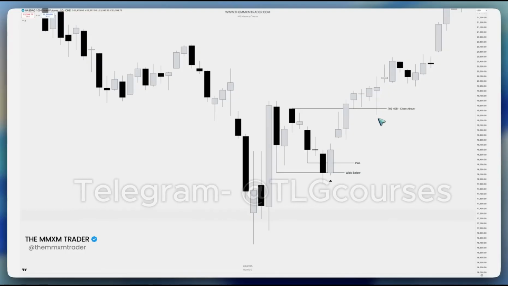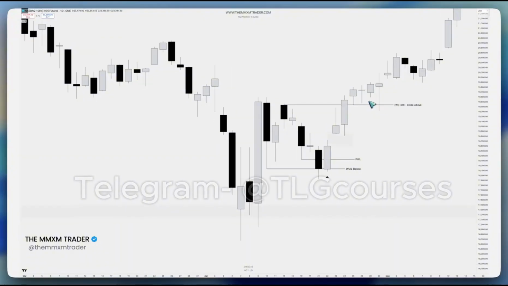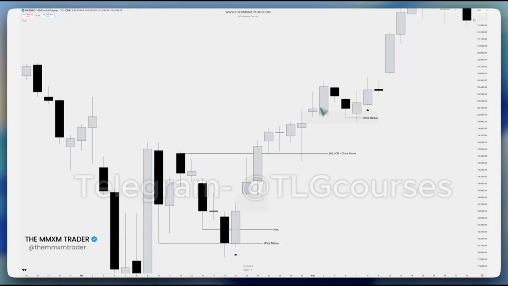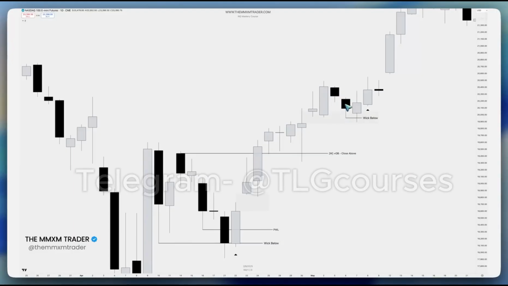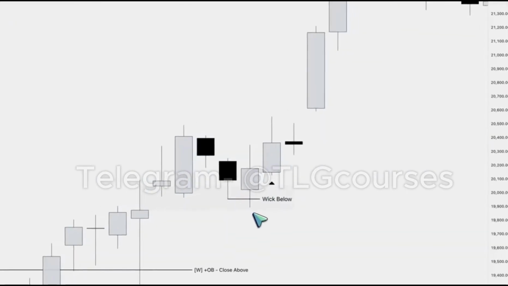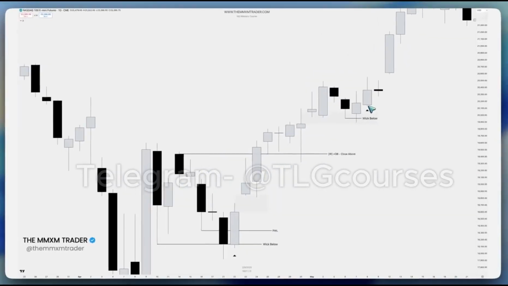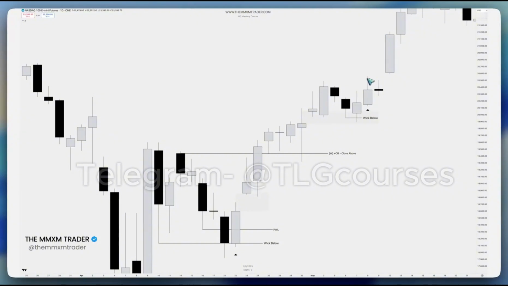Once we get to that weekly OB, notice the market closes within the previous candle, okay? Market trades up higher. We form a volume imbalance, so another high time frame key level. We trade back down into it here. Do we close below? Right, so we don't start longing yet. We then trade below this candle here. Do we wick below? Yes, then we look for bullishness in the very next candle, right?